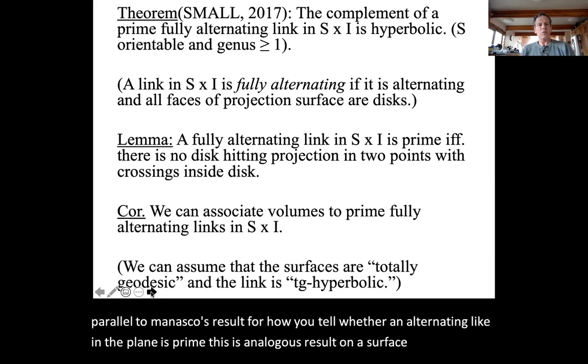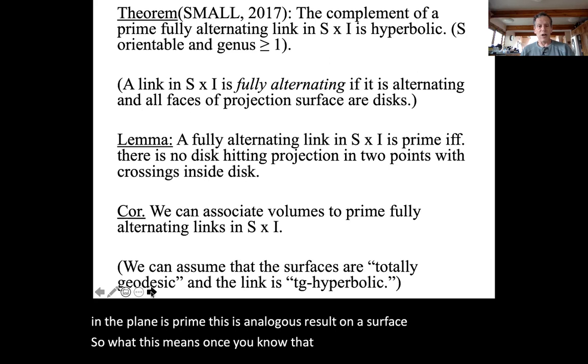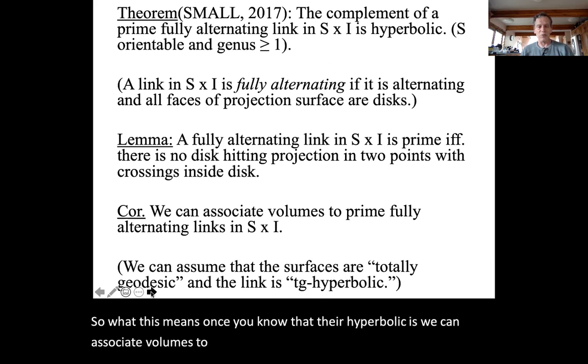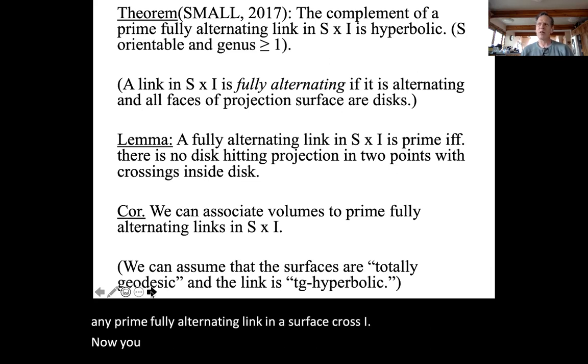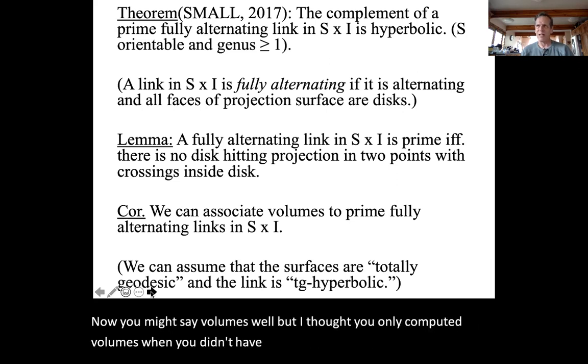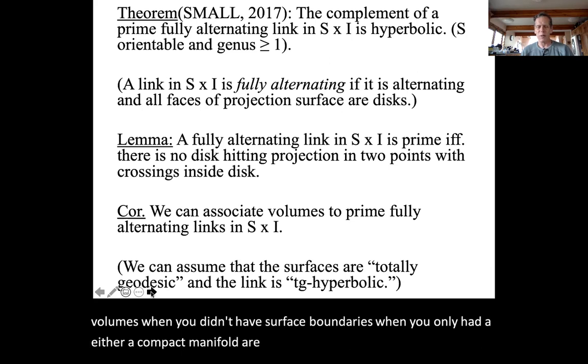So what this means, once you know that they're hyperbolic, is we can associate volumes to them, for any prime fully alternating link in a surface cross I. Now, you might say, but I thought you only computed volumes when you didn't have surface boundaries, when you only had either a compact manifold or a manifold with torus boundaries that you removed.